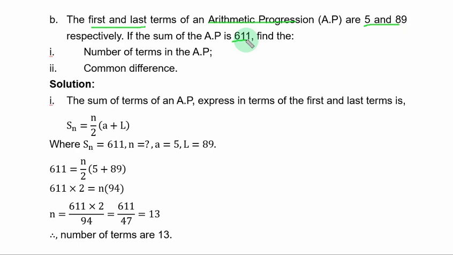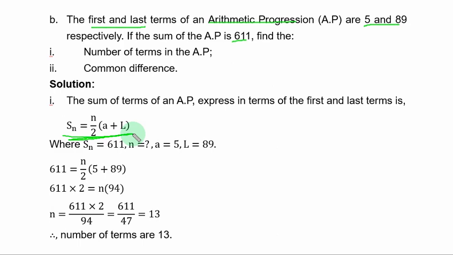One contains the first term and common difference. The other contains the first term and last term. Since in this question the first and last terms are provided, we use the sum formula containing the first and last term.